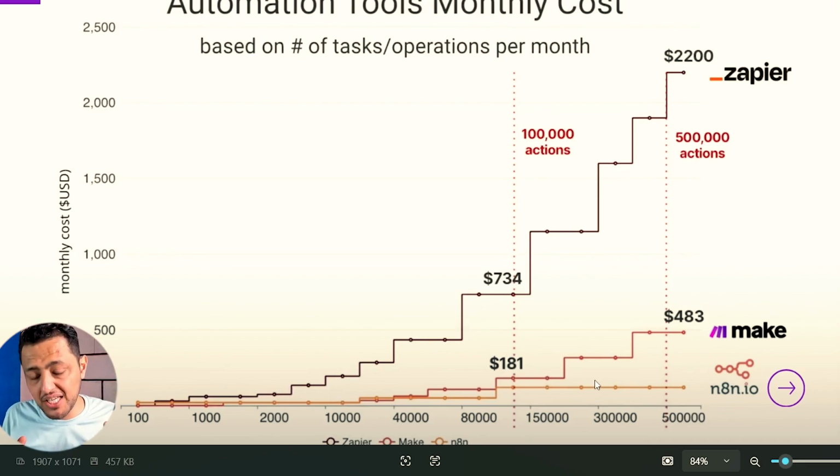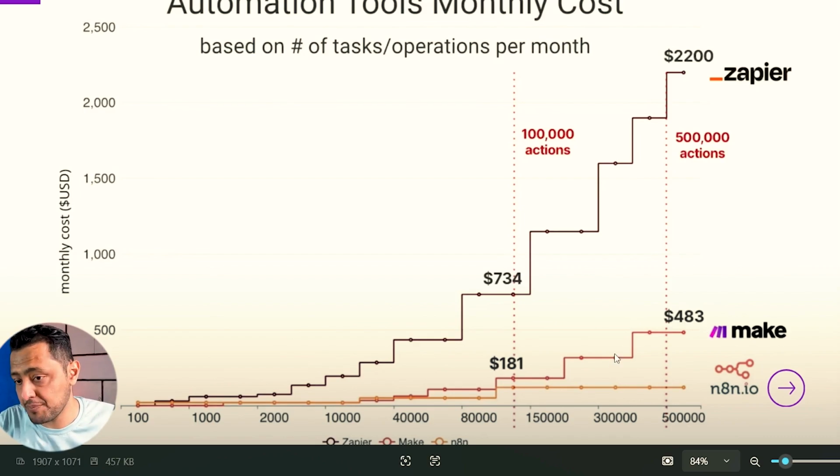They are almost the same, like n8n and Make, and Zapier is a bit higher than the rest. But if your real estate business is too big and you have too many real estate agents, for example, you're going to need, I don't know, 300,000 tasks per month. Zapier is much more expensive, and honestly, it's not really good. I'm not going to recommend Zapier for too many tasks.